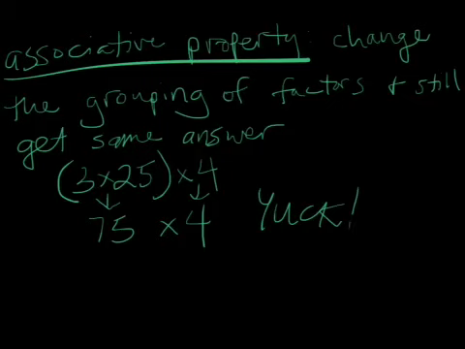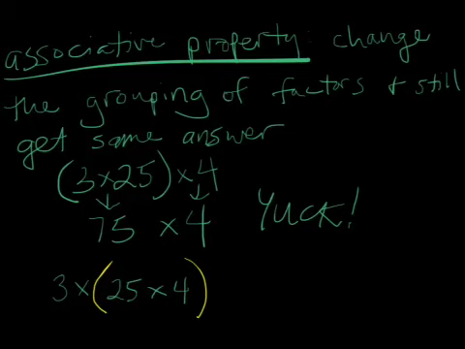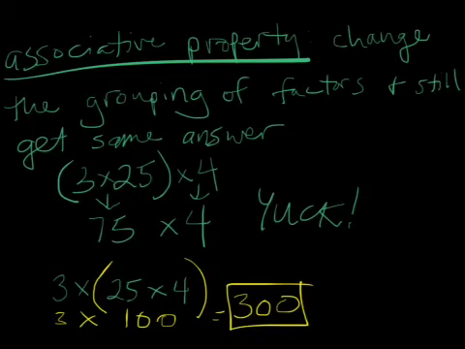Not very friendly, so a math pro would switch the grouping and do this. 3 times parentheses 25 times 4, because yes, then you've got the power of 100. Very, very powerful there. And then 3 times 100. We can do that very, very quickly in our heads and get 300. So the associative property can help us do mental math. We need to still show how we grouped it, and that's why we draw parentheses.